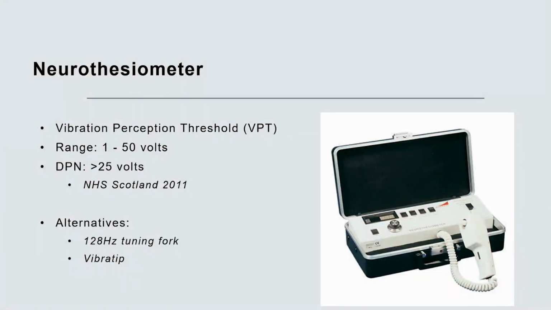So if somebody's not feeling 25 or more volts of vibration, then that would be diagnostic of diabetic peripheral neuropathy or a loss of sensation. But you might want to use a 128 hertz tuning fork if that's something that you have available to you instead. Or there are other devices out there like a VibraTip, which is a little pocket device that vibrates that you might use, because this is quite a large piece of machinery.